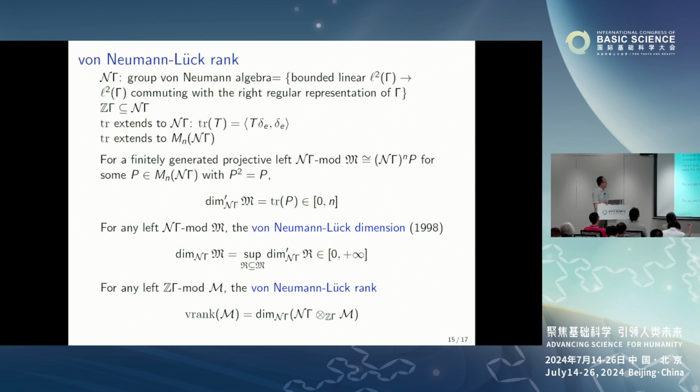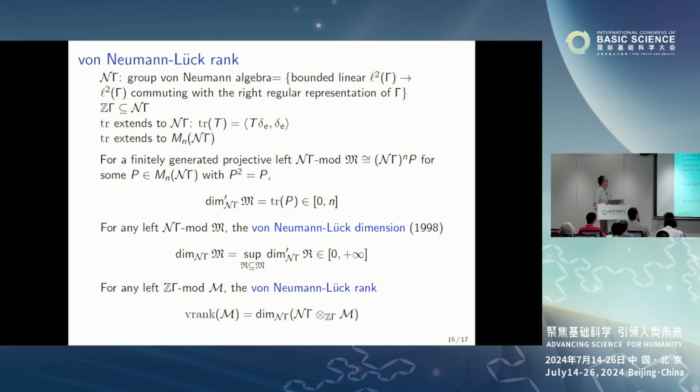For an arbitrary module, this is a contribution of Wolfgang Lück, because in K-theory, typically you only get this for finitely generated projective modules, but Lück extended this to arbitrary modules. What it does is that for any module, you take all the finitely generated projective submodules, take the dimension there, and take the supremum.